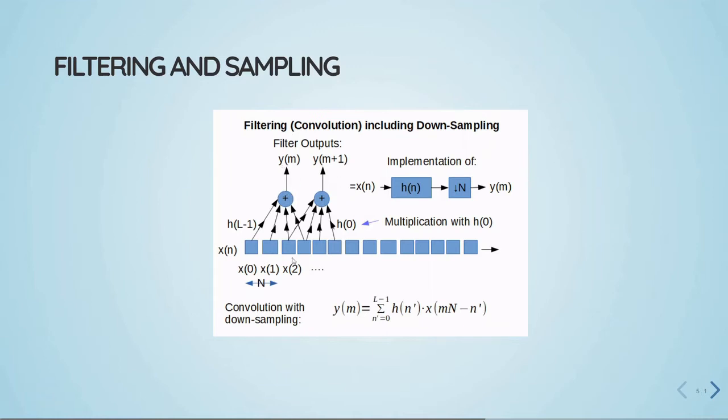So there's filtering, and we have a downsampling and filtering. So this is the convolution with downsampling formula right here. This is an implementation of our input signal. We filter and we downsample, and we have our result.